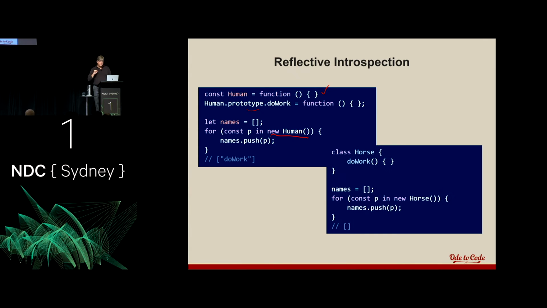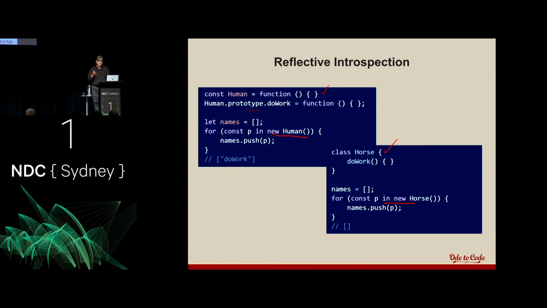But if I define human, or well, in this case, horse, as a class, and I try to for in through a new horse, that method's not seen. So you cannot reflect as easily over something that has been defined with a class.